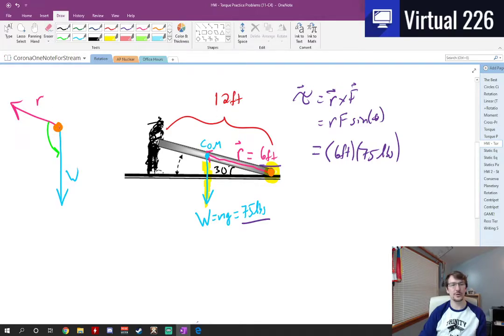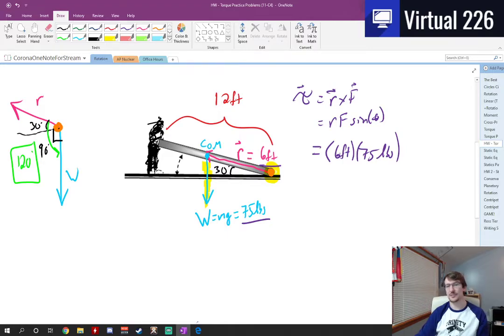Well, if we look at the diagram, we know that the pipe, which the moment arm is acting on, is 30 degrees to the flat ground. And if we recall a little bit of geometry, this angle between the flat ground and the vertical should be 90 degrees. So adding the 90 and 30 up means that our angle is 120 degrees here.